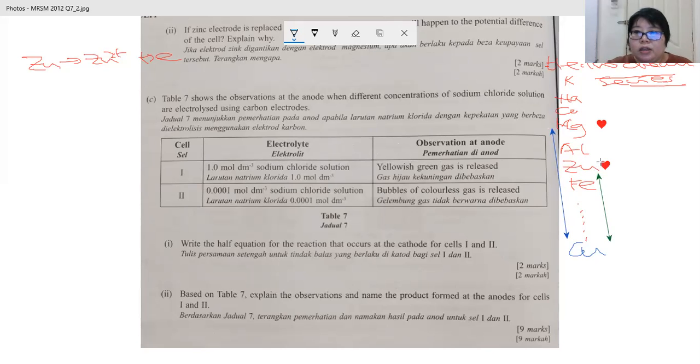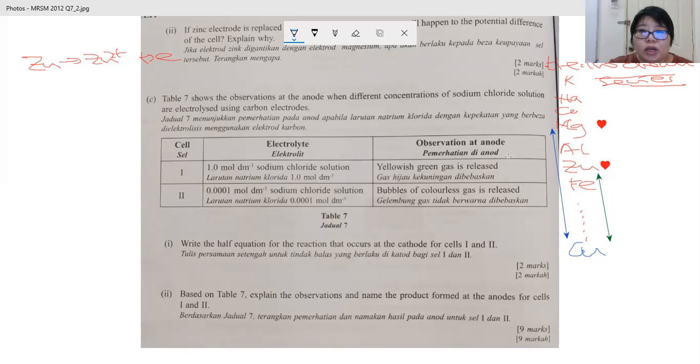First set, we are using the zinc and the copper. Second set, we are using the magnesium and the copper. Which is of further distance? Of course, from what we see here, the magnesium and the copper is further away compared to the zinc and the copper.